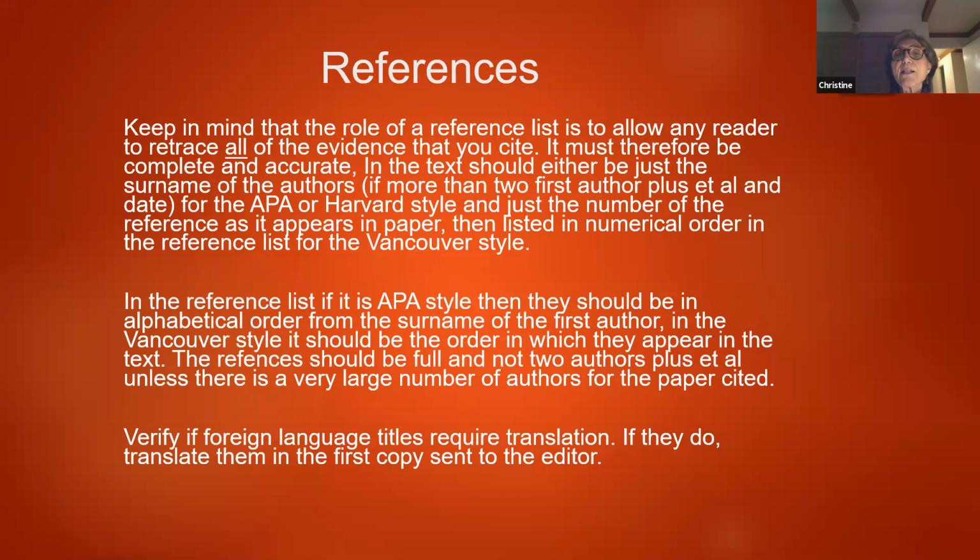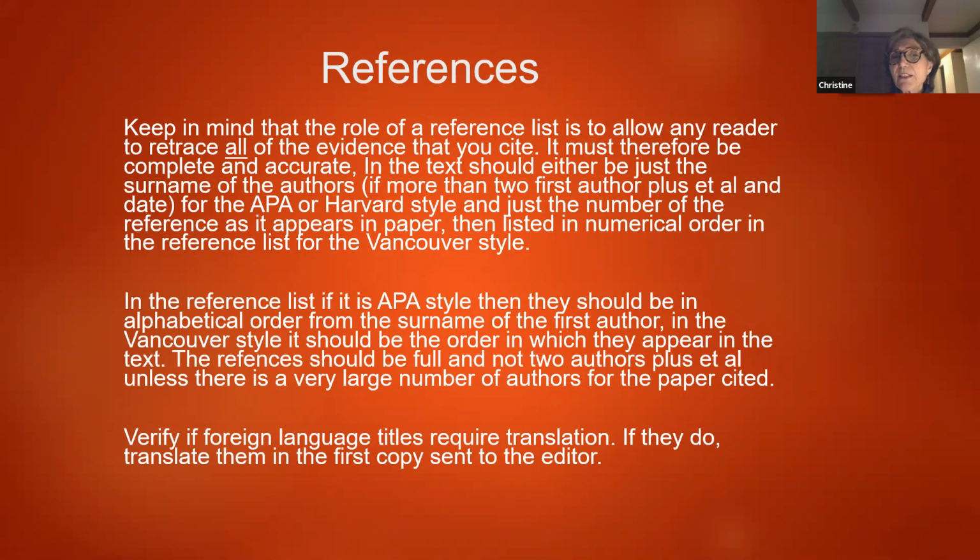So go both ways, from the references to the paper, and then from the citations to the references. This ensures that you don't have additional references in there that don't belong, or that you've cited something and you don't have a reference for it. It is really bad to make those kinds of mistakes, because that's the evidence for your paper, and it's key.